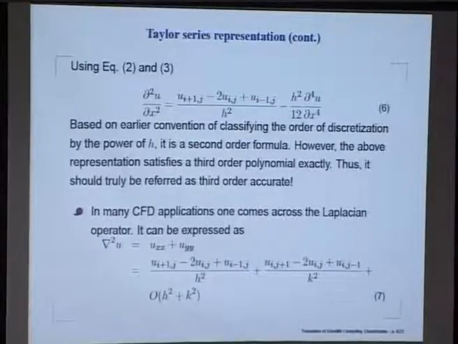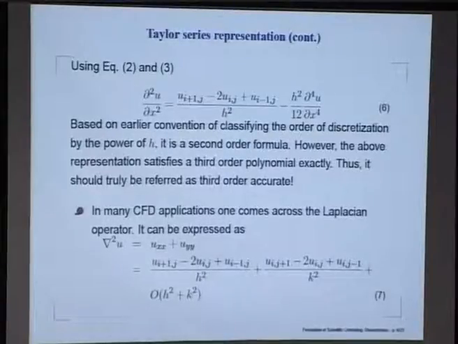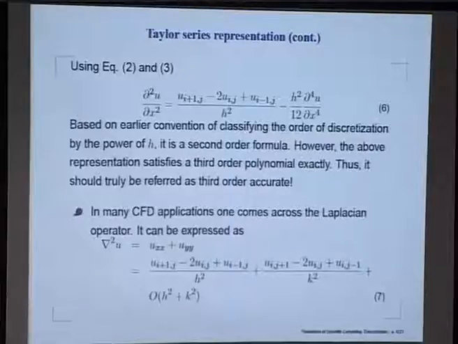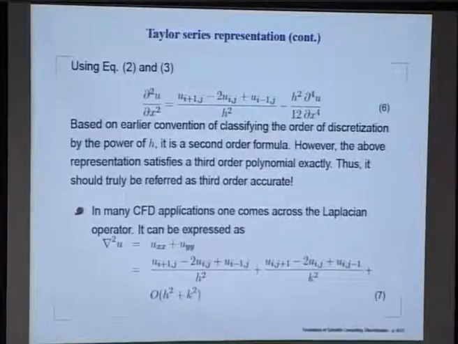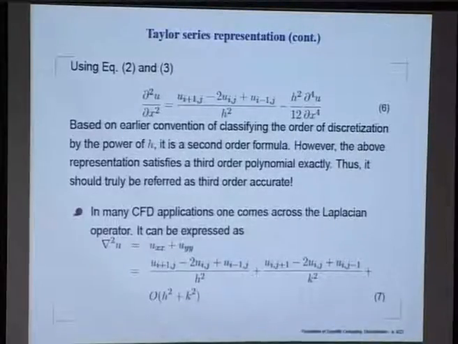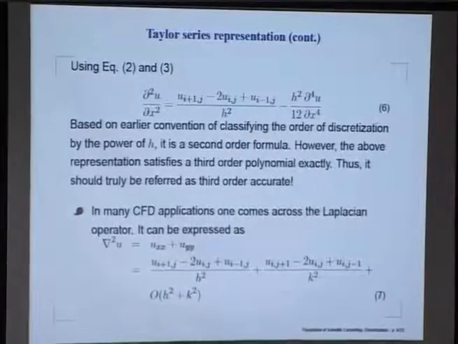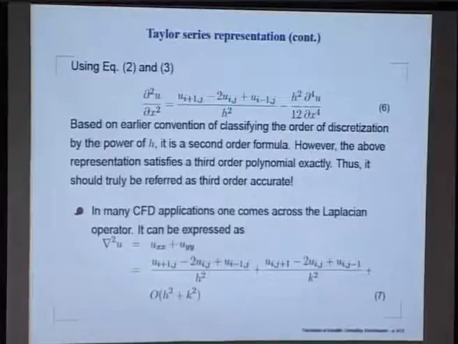The problem comes when you start looking at the second derivative. You see, the second derivative expression could be written like this. Now, this is where you notice that the lead term that has been dropped out is proportional to h square, whereas the derivative term is related to a fourth derivative.